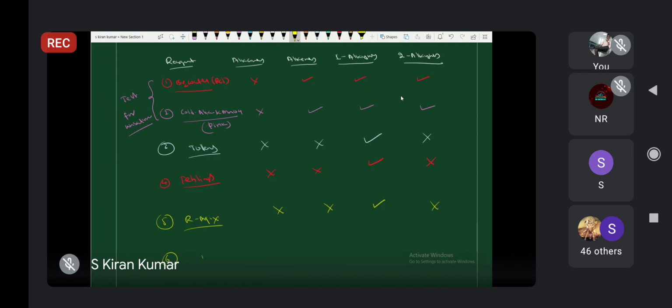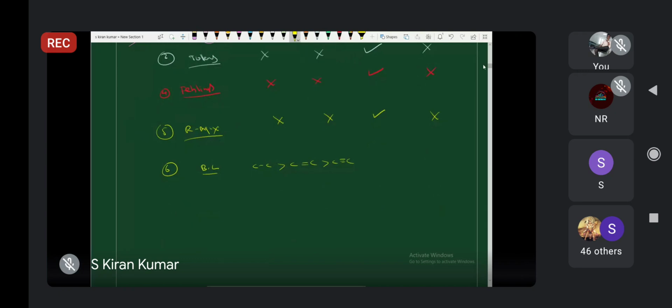Next one, bond length. Which one has more bond length? C single bond, next C double bond, next C triple bond. Single bond is longest, then double bond, then triple bond. Next, bond energies.